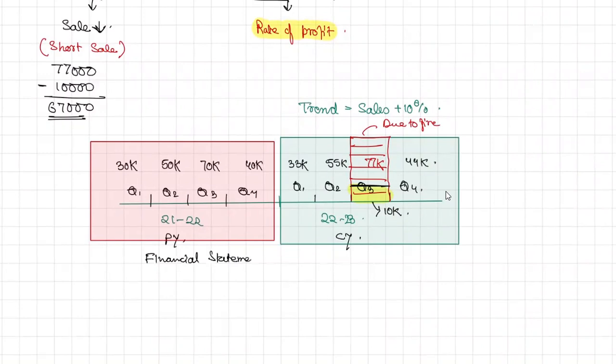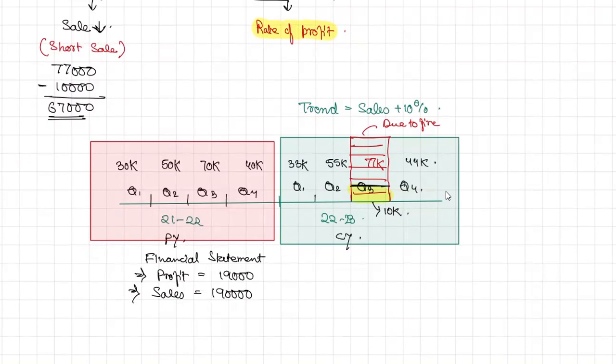Now if I ask you the rate of profit, you'll say, sir, this year's financial statement, whatever profit will be showing over here. Suppose my profit was, say, 20,000. My total sales: 30, 40, 70, 70, 70, 140, 140, 190. So my sale here was 1,90,000. I'm reducing the profit a bit so that a round figure will come. So suppose my profit was 19,000.